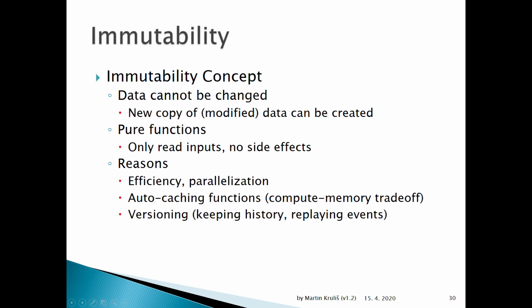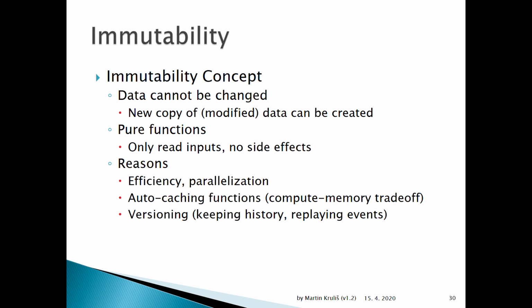Second thing, we can implement things like auto-caching functions, meaning functions that give you some compute-memory trade-off. Functions which can wrap other functions and then memorize all the inputs and all the outputs instead of computing them repeatedly. Normally, such a trade-off in normal languages is very rare. However, in JavaScript, this makes sense, especially in combination with certain frameworks.